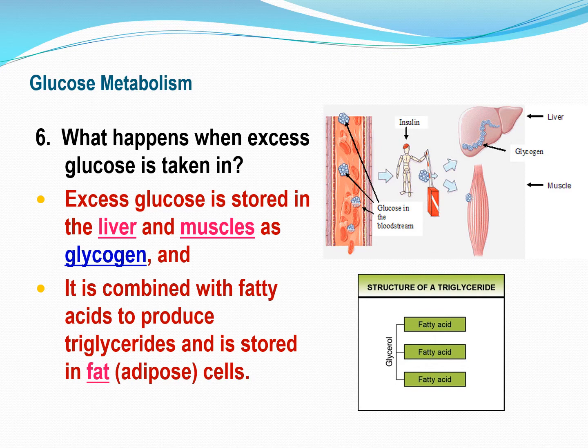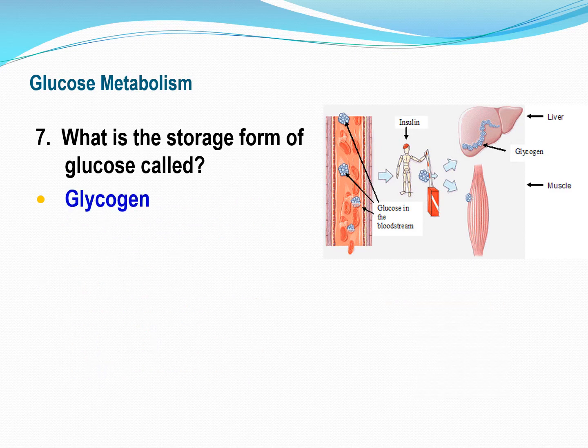So once it has packed the liver full of glycogen and packed your muscles full of glycogen, then what it does with the rest of the glucose that's left around is it combines it with a fatty acid to produce triglycerides, and then it stores it as fat in your adipose tissue, and that's how we gain weight, right? So remember, you want to know that the storage form of glucose is called glycogen. Glycogen is stored in your muscle tissue and in your liver.